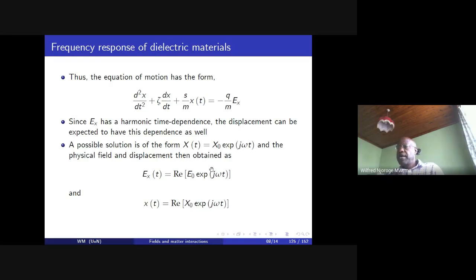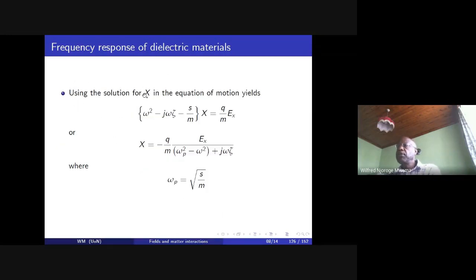So here, Ex is going to be given by the real part of E naught multiplied by the exponent of j omega t, and the displacement as a function of time is going to be the real part of x of t.